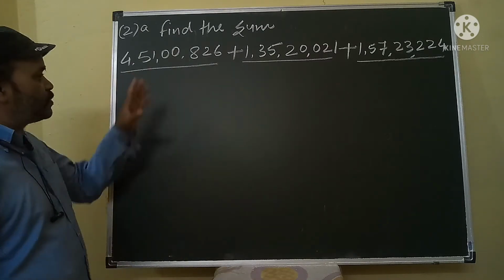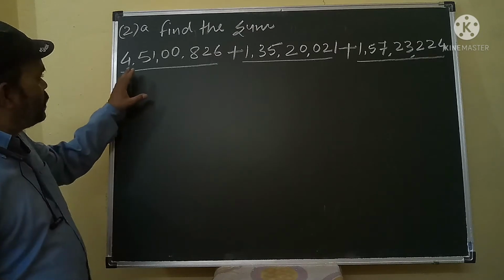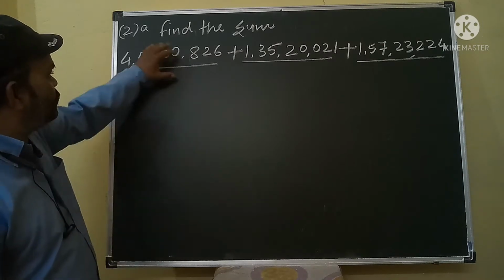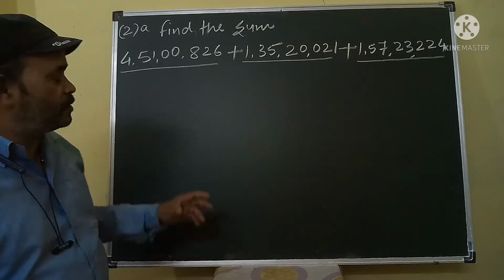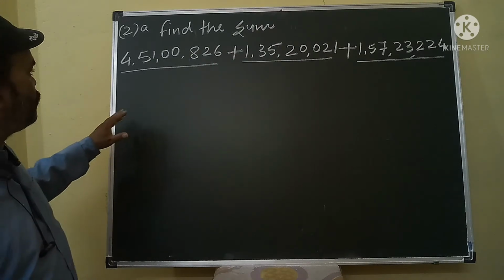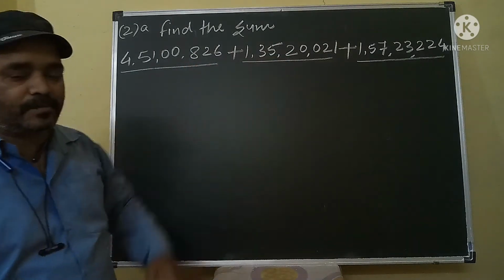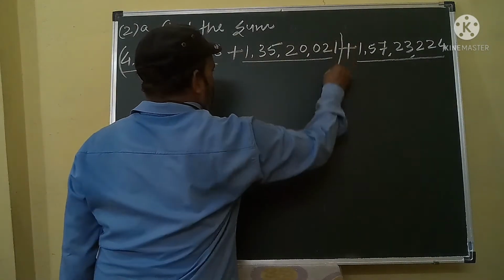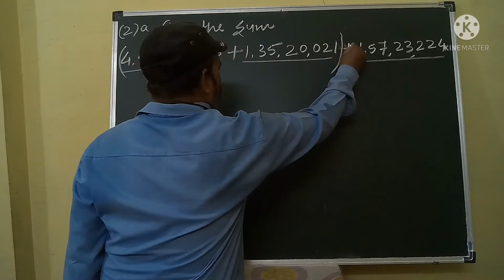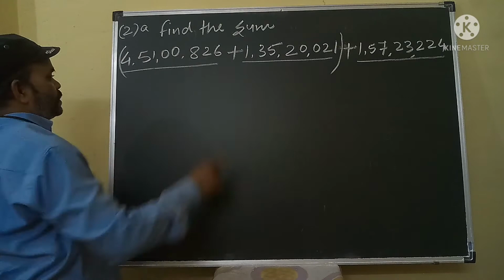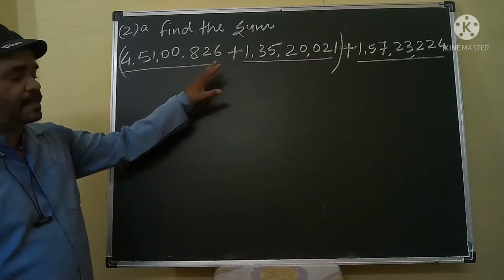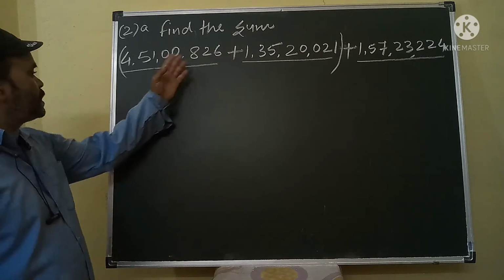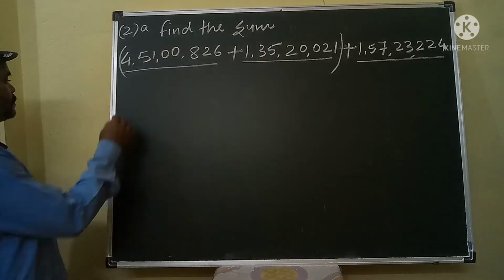You know very well, according to the rule, first we will find the sum of the first number and second number. We will take the first and second number in a bracket and find their sum. Look here.